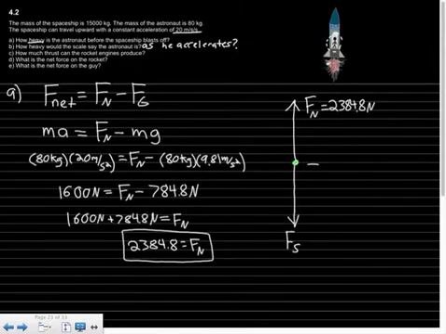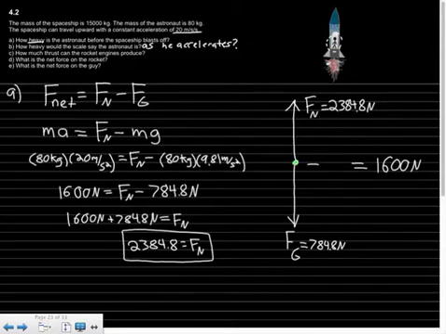Oops, it's supposed to be a G. Force of gravity, which is 784.8 newtons, equals 1,600 newtons. Okay? I hope that makes sense to you.